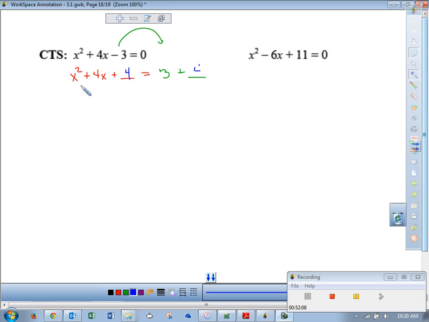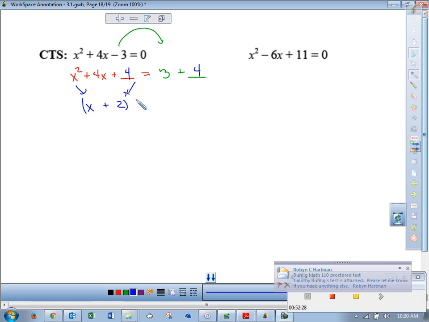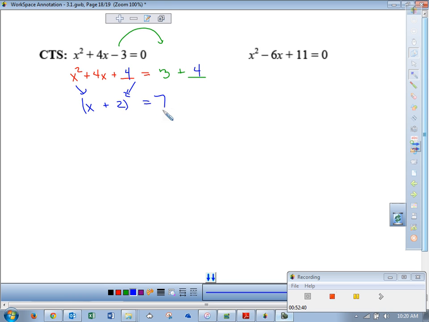It factors very simply to be the square root of the first term and the square root of the last term, and whatever sign you have right there, quantity squared. Same perfect square trinomial trick we did before. Square root of your first, square root of your last, sign comes in the middle, the quantity is being squared, and over here, don't you have a 7? 3 plus 4.